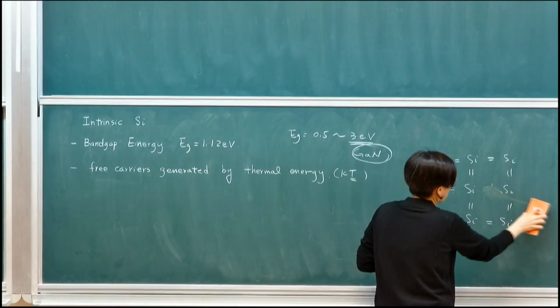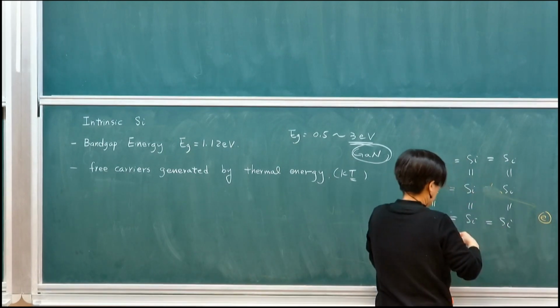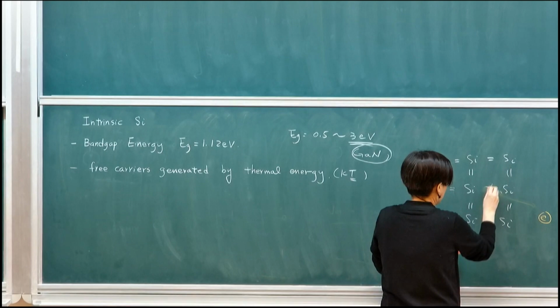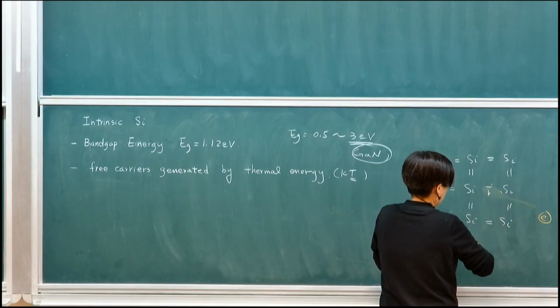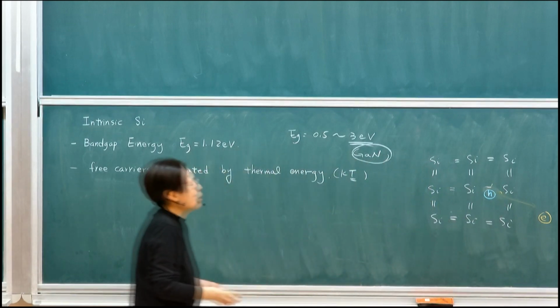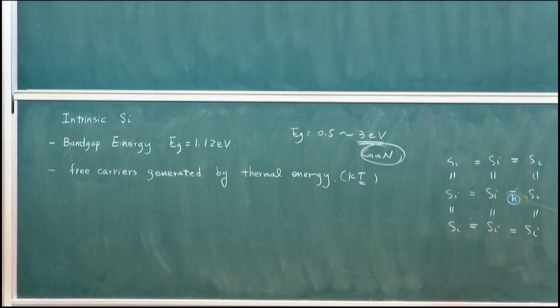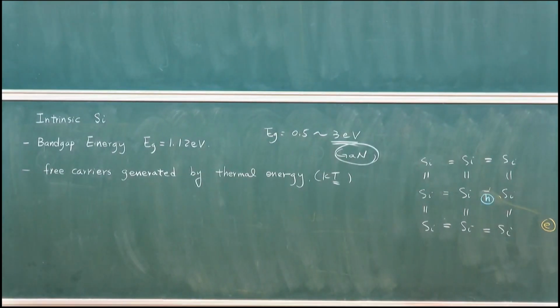So if my electron leaves, you then have a free electron, and there will be a hole left at the location where the electron left, at the broken bond site.